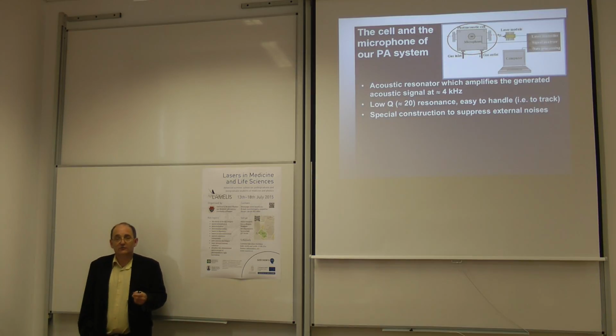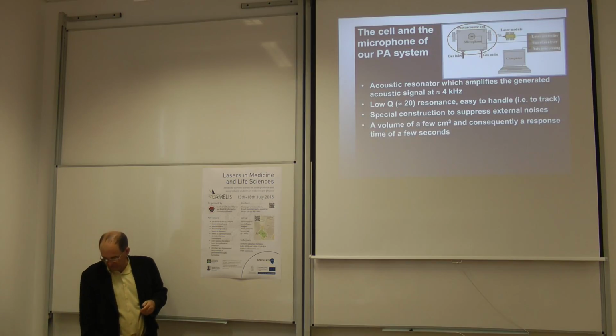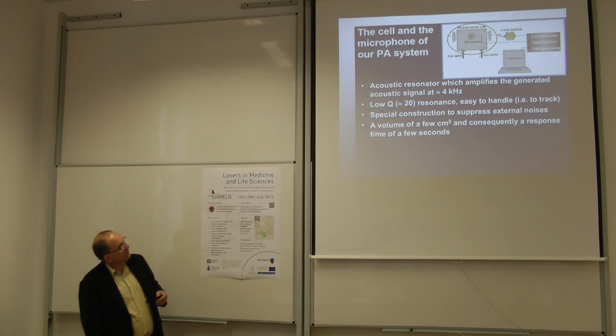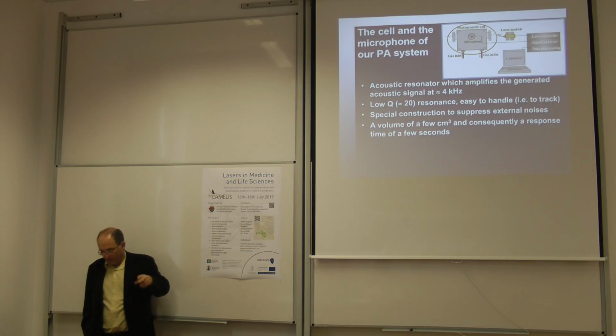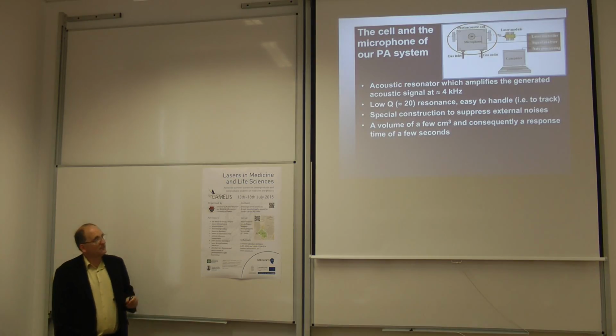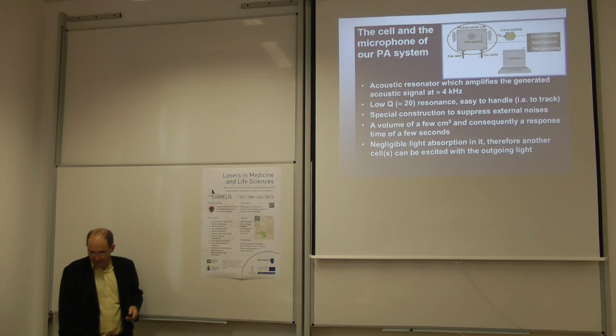These serve to suppress external noises. And the useful volume inside the photoacoustic cell is only a few cubic centimeter, and under a continuous gas flow, this has a response time of only a few seconds, as I said.